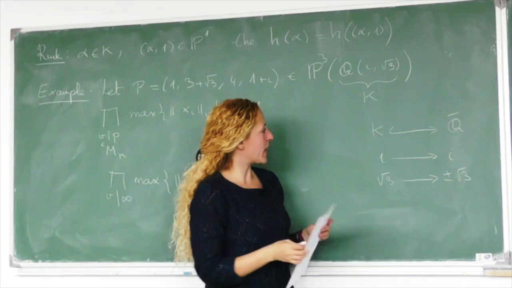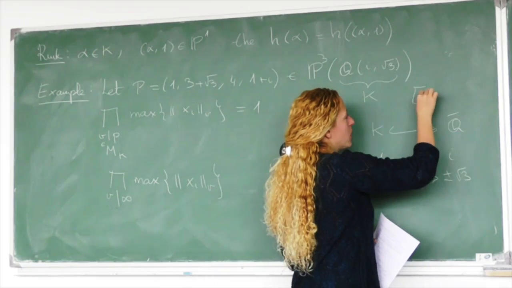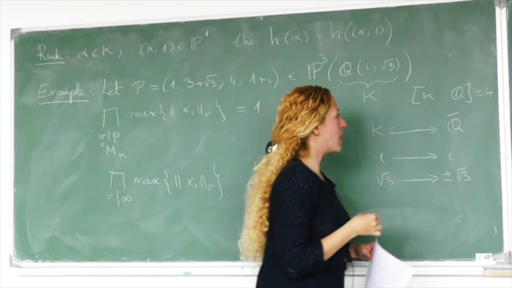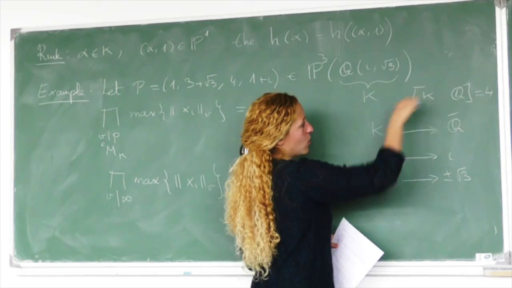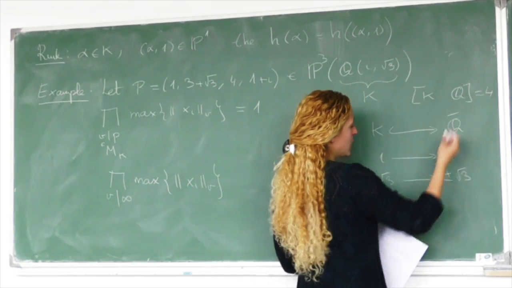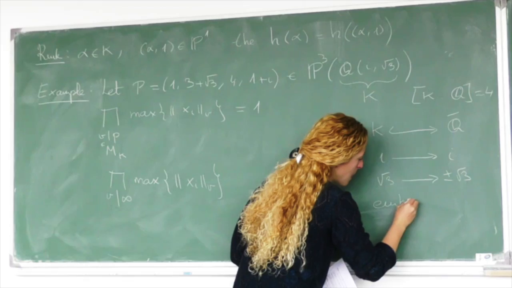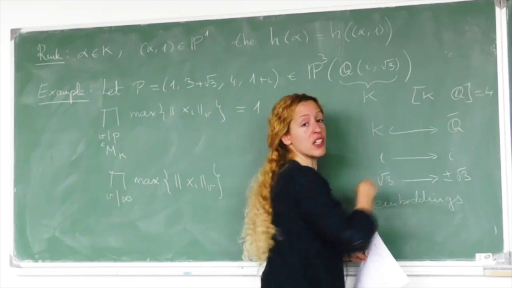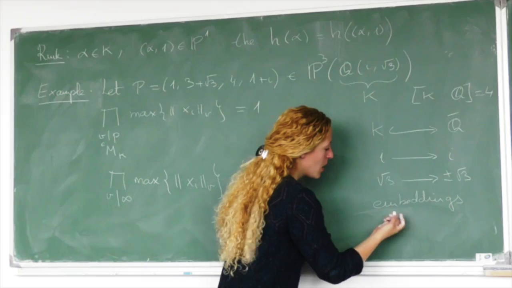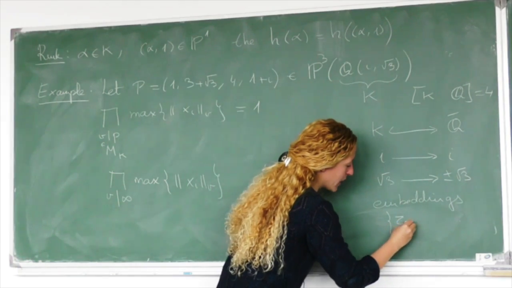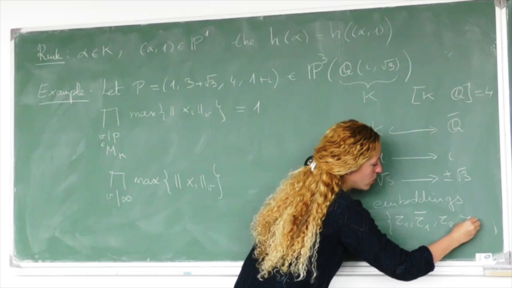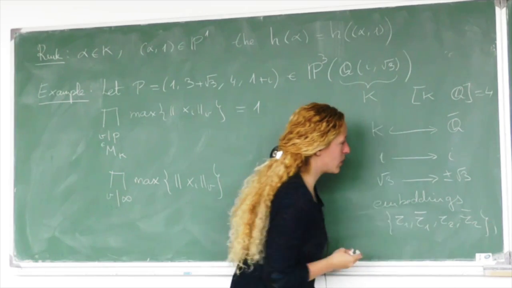So basically, recap. This degree is equal to 4, right? And the embeddings of K into Q bar, they are 4 because the degree is equal to 4, but they come in conjugate pairs. So I have tau 1 and its conjugate, tau 2 and its conjugate.